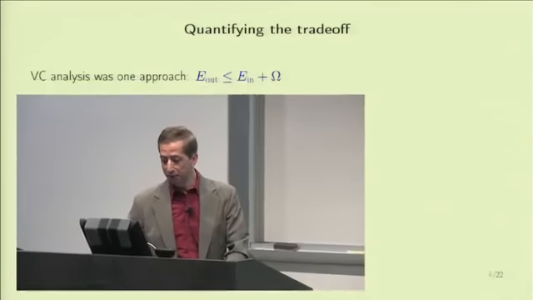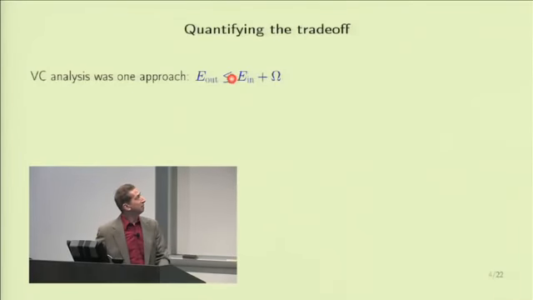So let's try to fit the VC analysis in it, and then fit the bias-variance analysis in it, even before we know what the bias-variance analysis is, in order to see where we are going with this. So we're quantifying this trade-off. And the quantification in the case of the VC analysis was the generalization bound.